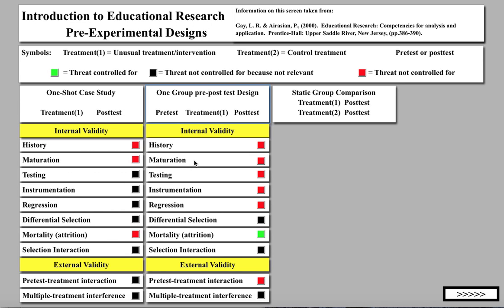These could affect the results. The threats of testing and instrumentation are also not controlled for. Participants could have learned something during the pre-test that affected their post-test scores, or maybe the pre-test and post-test were not equated properly. One may have been easier or more difficult.